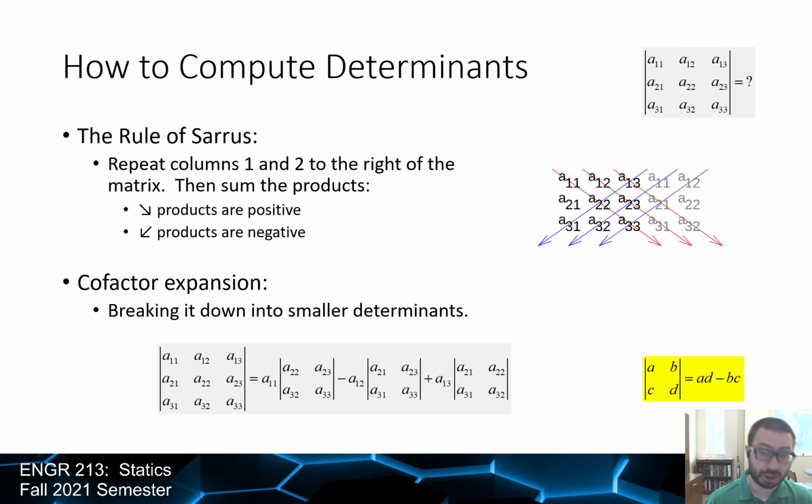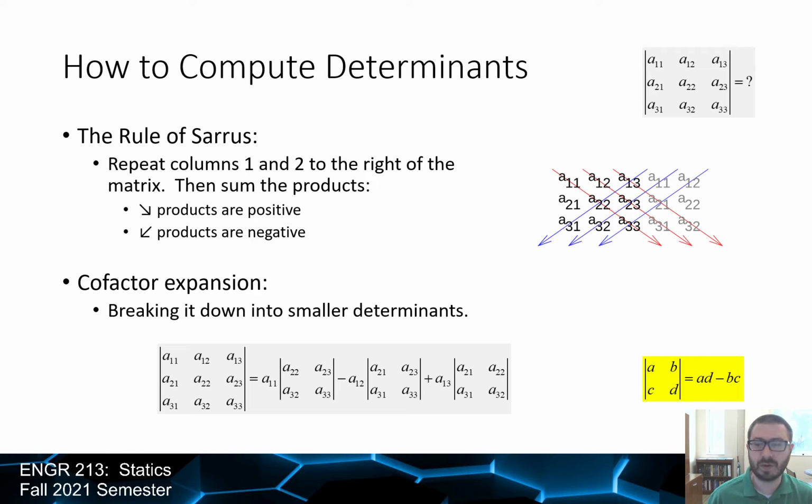I'm going to show you 2 different ways to do it, and I show you these because they are checks of one another, and some of them have advantages over the others. The first is called the rule of Sarrus. To be clear, if you've taken a course maybe in Calculus 3, you've probably seen these already.